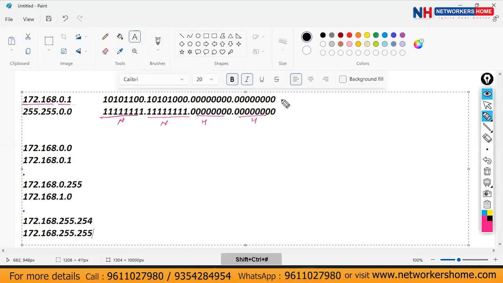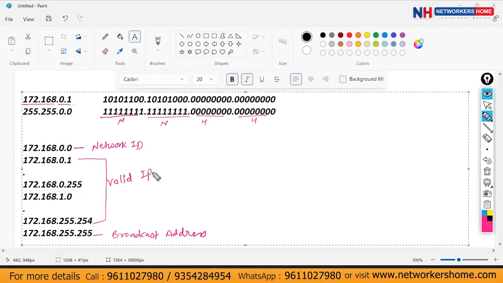Again, the first address is reserved for network ID, the last address is reserved for broadcast address, and all the IPs in between are valid IPs. These you can assign in your system, in your nodes.